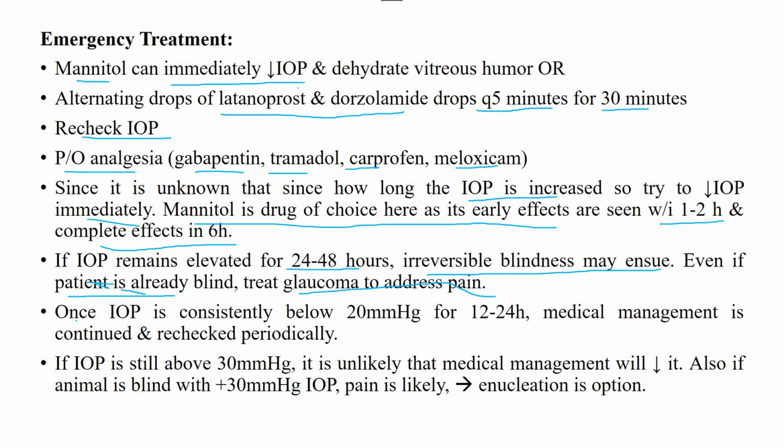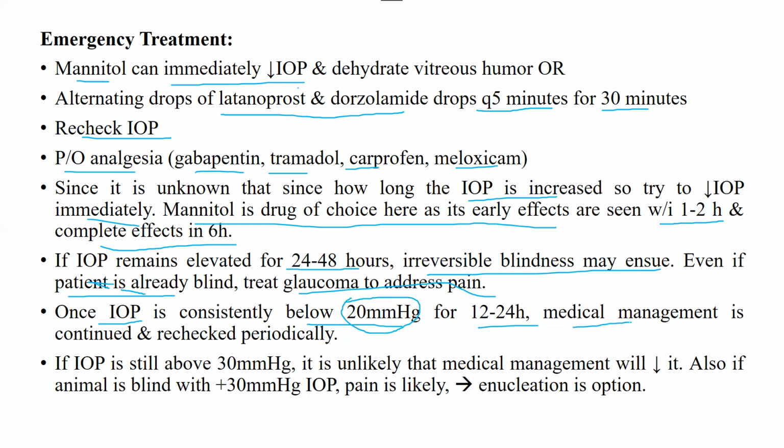And other scenarios: once IOP is constantly below 20 mmHg for 12 to 24 hours, so you have treated and now the IOP is normal, 20 is normal, then medical management is continued. You are not going to stop the medical management because our IOP is in the normal range.